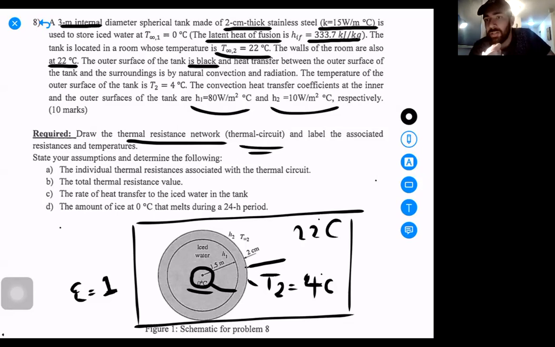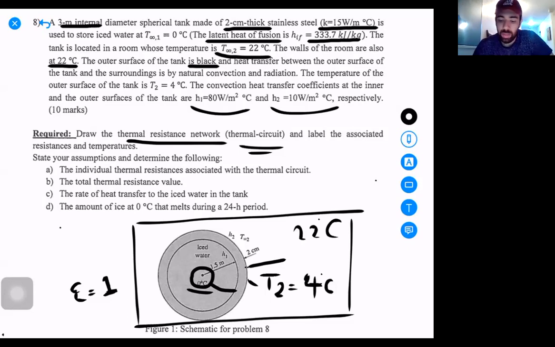So current corresponds with heat rate in thermal systems, and voltage corresponds with temperature difference in our system.